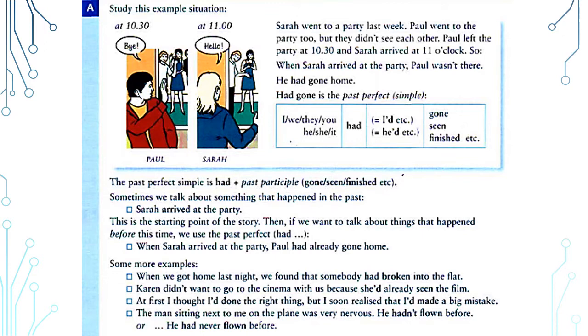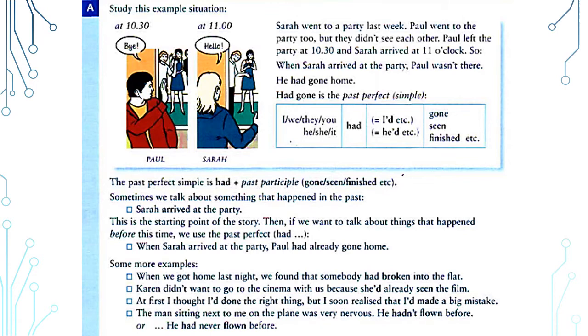Sometimes we talk about something that happened in the past. Sarah arrived at the party. This is the starting point of the story. Then, if we want to talk about things that happened before this time, we use the past perfect tense.